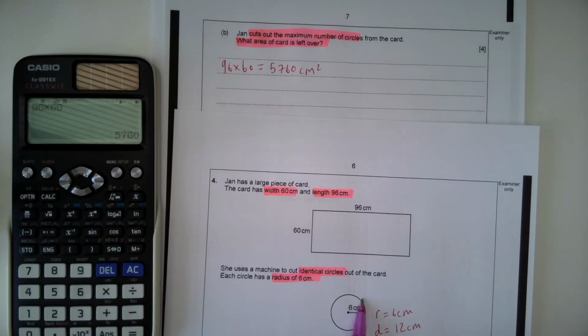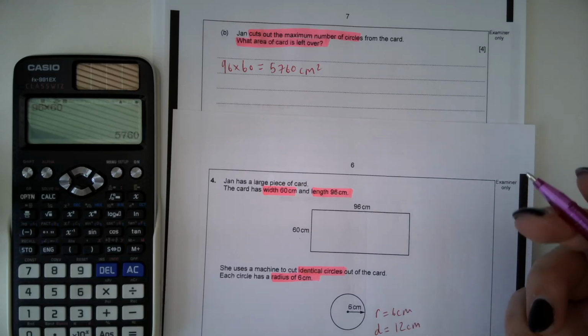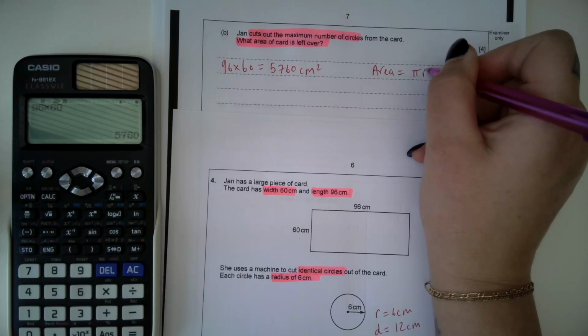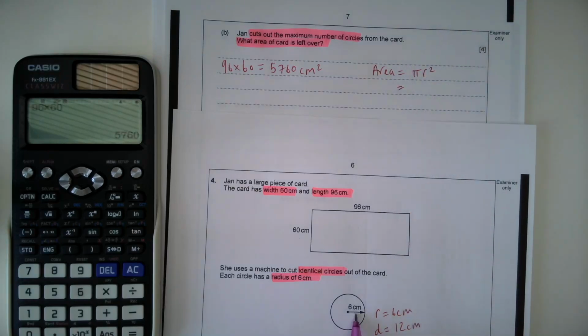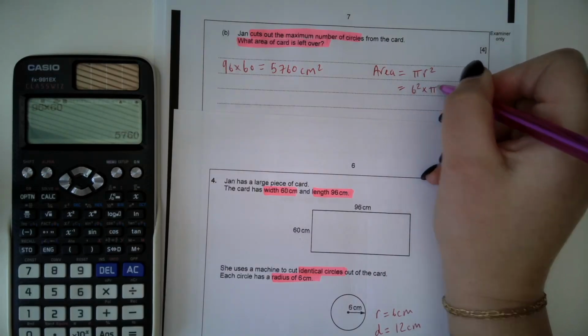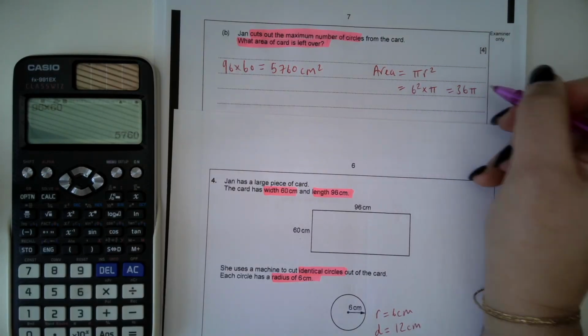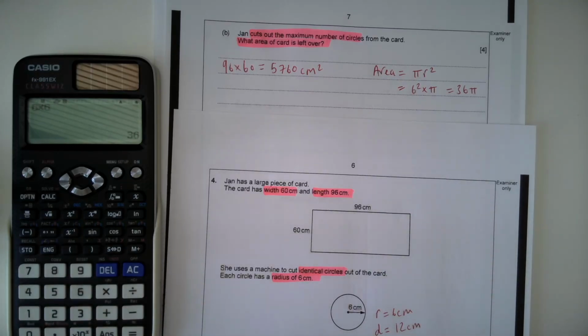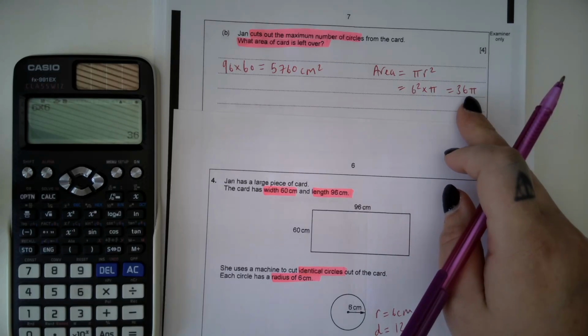Now we know the dimension of the circles, so each identical circle, the area would be pi times radius squared. The radius is 6 centimetres, so the area would be 6 squared times by pi, which I'm just going to write as 36 pi now. If you don't know what 6 squared is, remember, just do it in your calculator, guys, okay? So 36 pi.